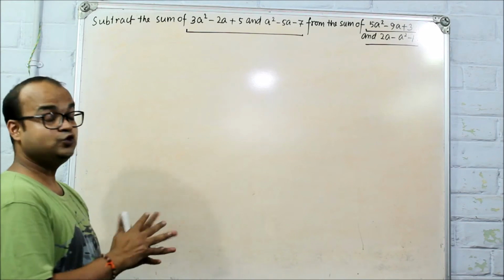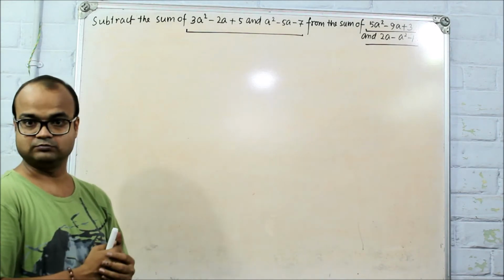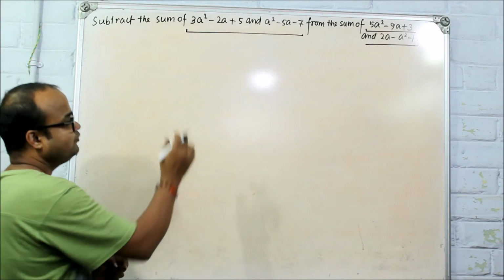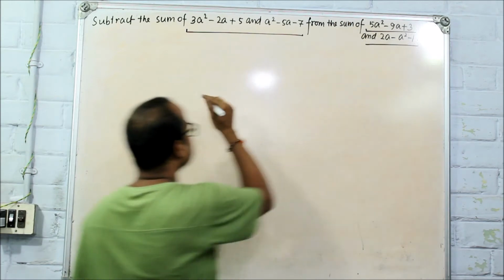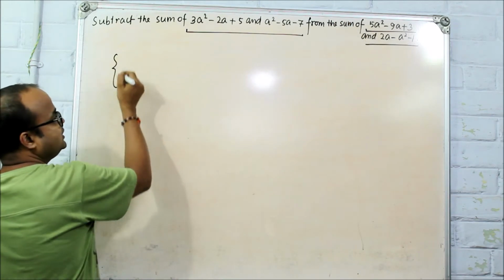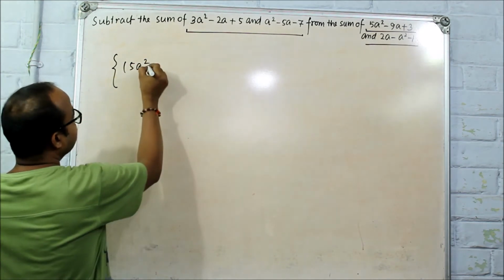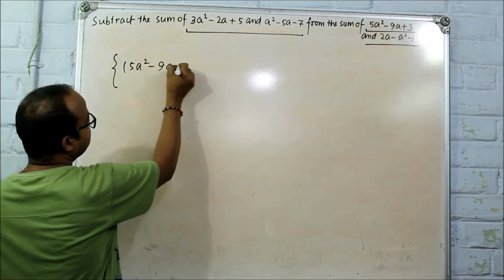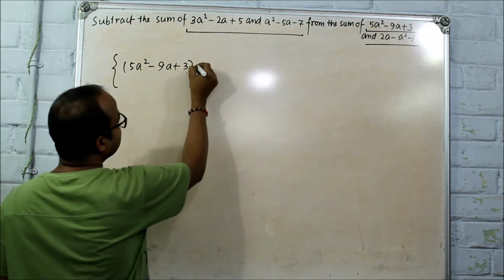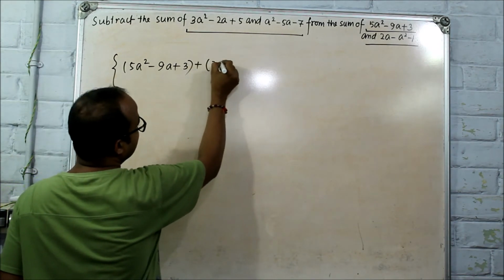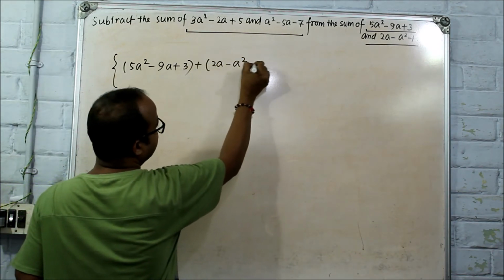That means if I need to write it in a mathematical form, the from part will always come first. So I write 5a square minus 9a plus 3 plus 2a minus a square minus 1.